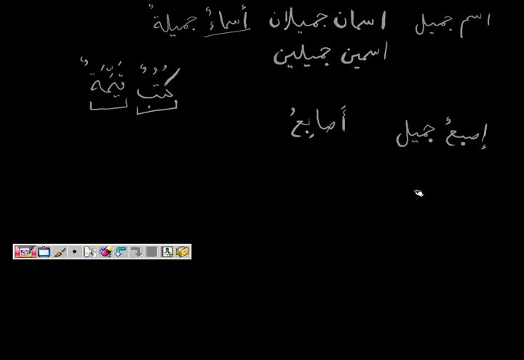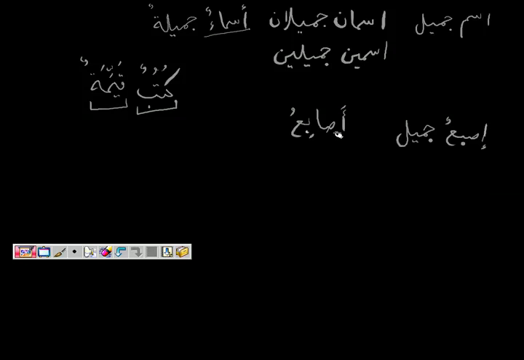If you treat it as feminine, the dual will be isba'ani jamilatani. But if you treat it as masculine, it will be isba'ani jamilani. And asabi'u jamilatun will be in both cases. Whether it's masculine or feminine, the adjective jamilatun will be feminine singular.